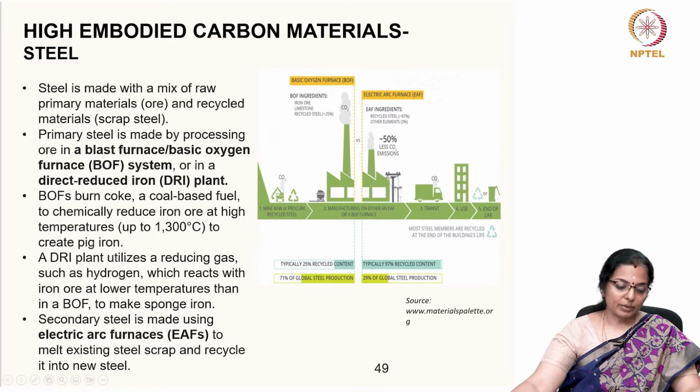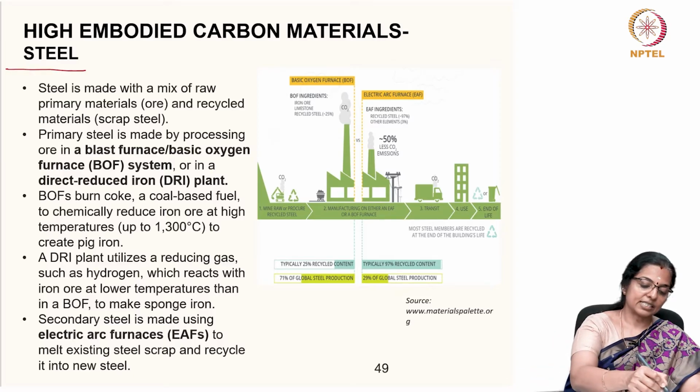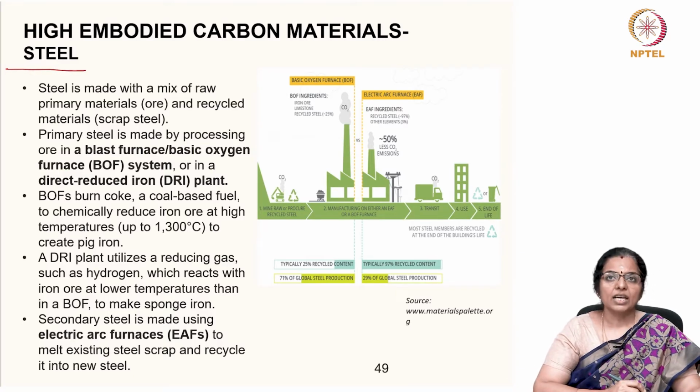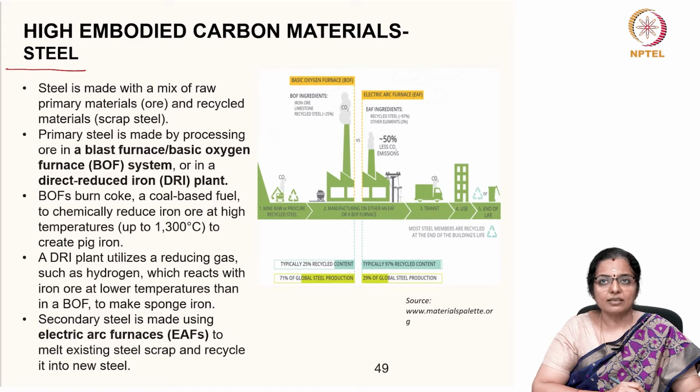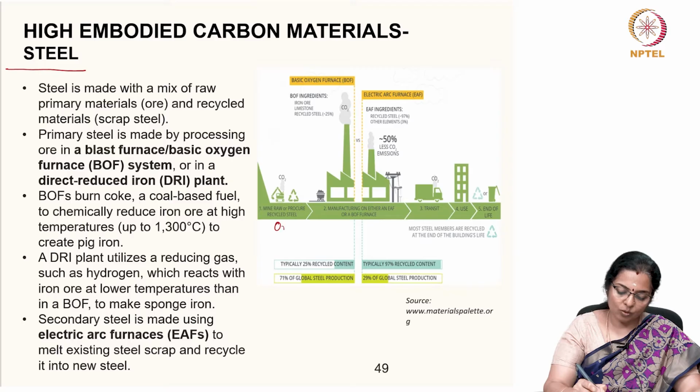The next high embodied carbon building material we will see is steel. Steel is made with a mix of primary raw materials, which is the ore, and recycled materials if available. Mostly it is available. So, this is ore plus old steel used for recycling.